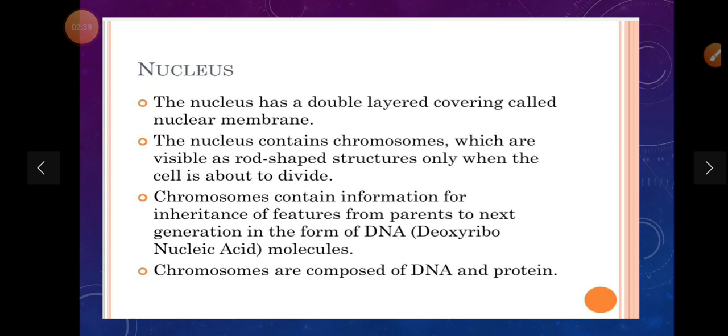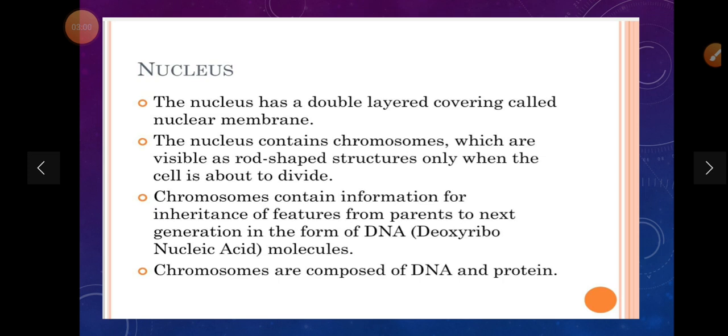Now, nucleus. The nucleus has a double layer covering called the nuclear membrane. The nucleus contains chromosomes, which are visible as rod-shaped structures only when the cell is about to divide.